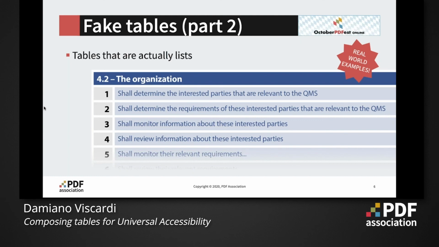So in this case, this is not a real table. Okay, these were just two examples of something that appears to be a table, but it's not. I will show some tips to resolve those cases.